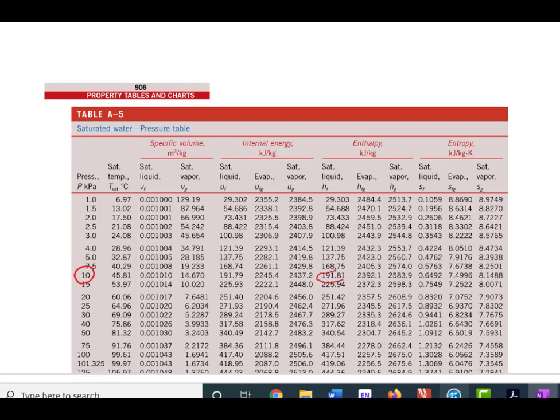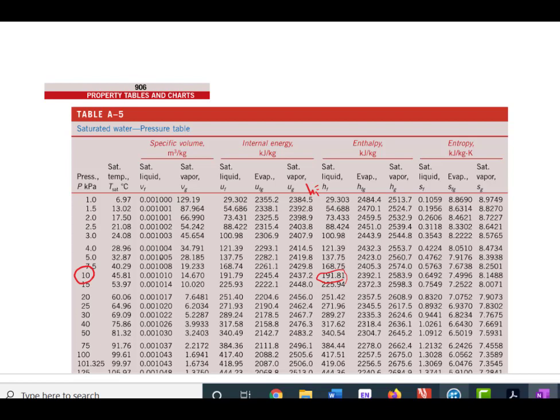The enthalpy which we are going to find is this one, HF, because we know the state is saturated liquid, which is 191.81 for H. This is H1. In our example, H1 is HF and its value is 191.81. How about the specific volume?